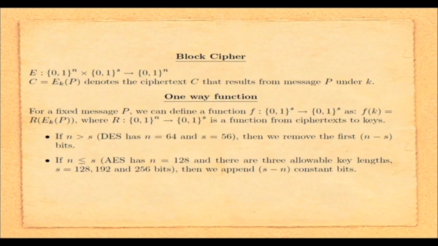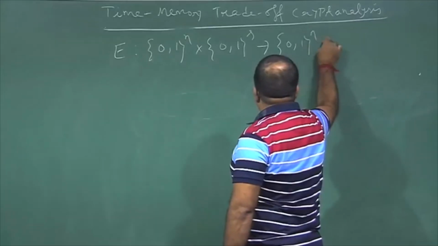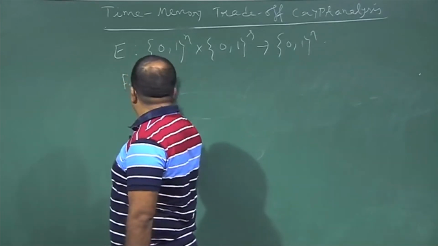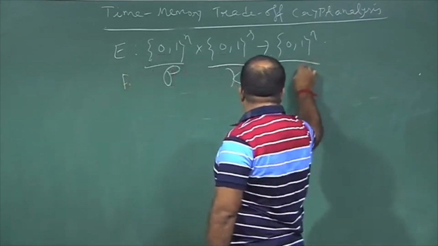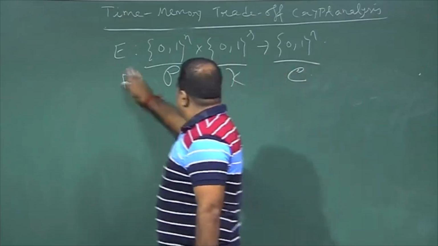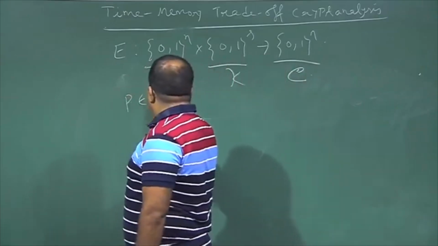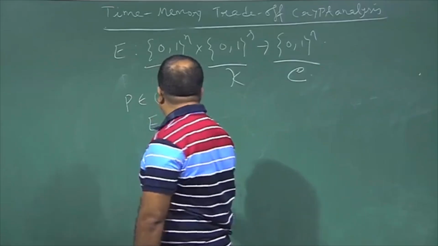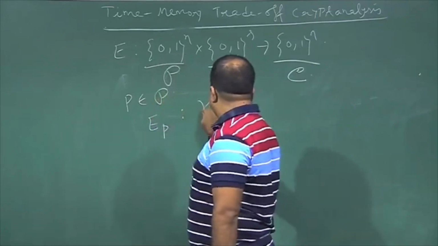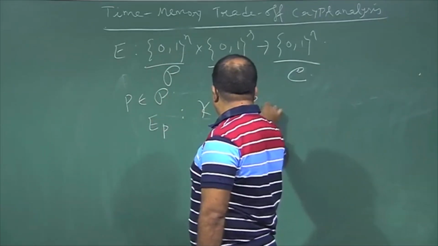So, this is E, from plain text space cross key space to the ciphertext space. If we fix a P, we can denote it by E_P. So, this is a function from key space to the ciphertext space.